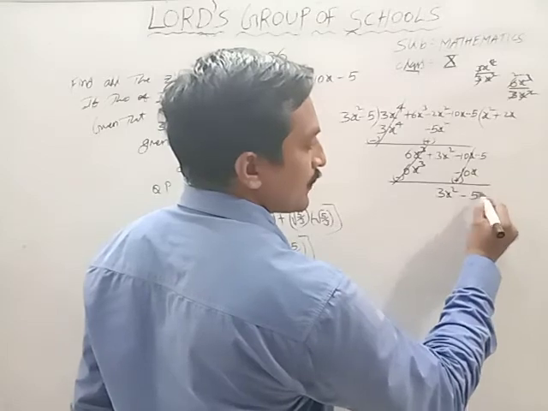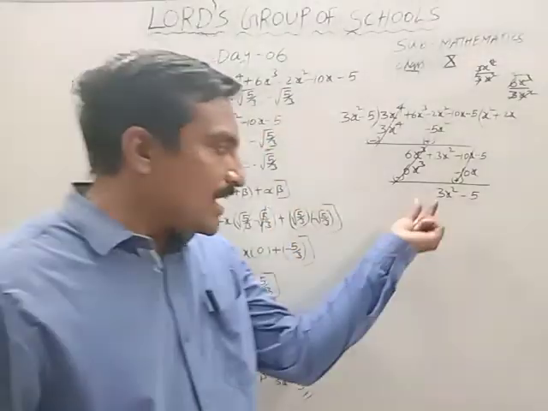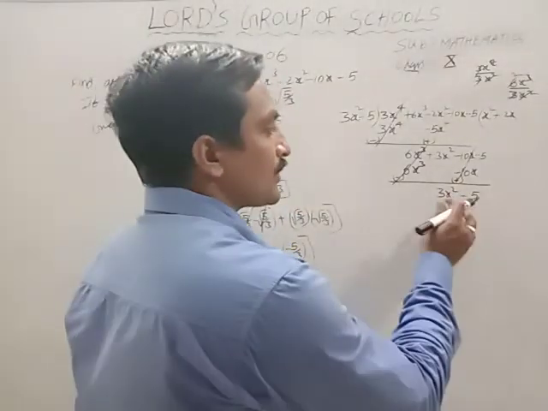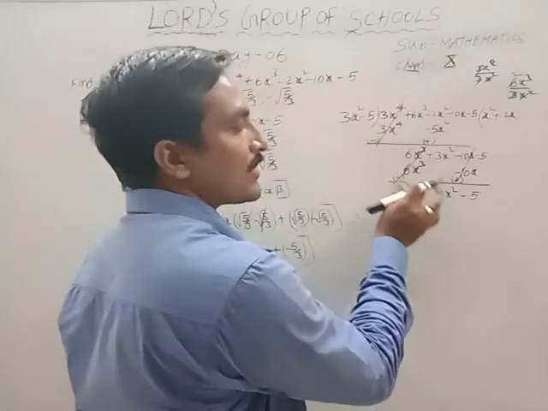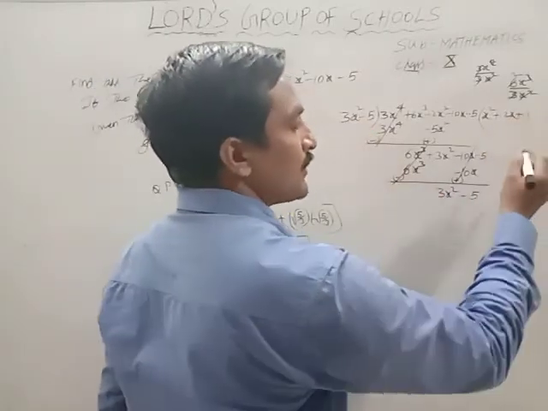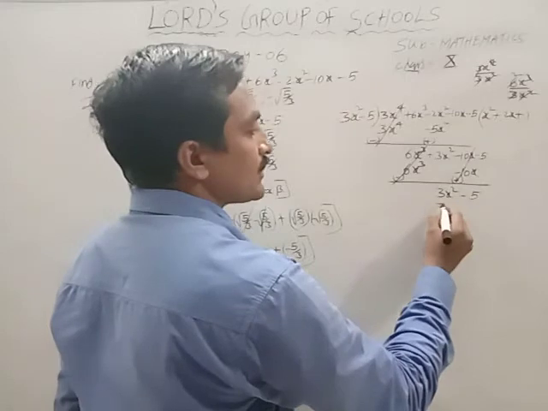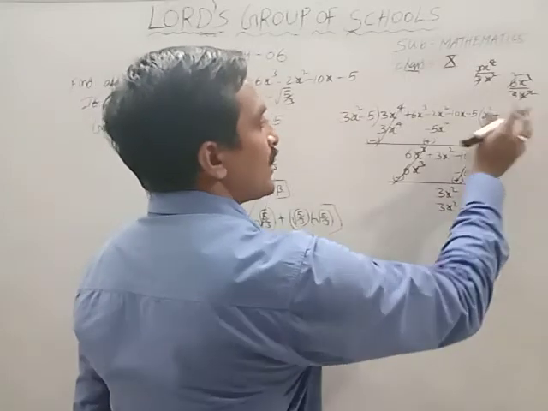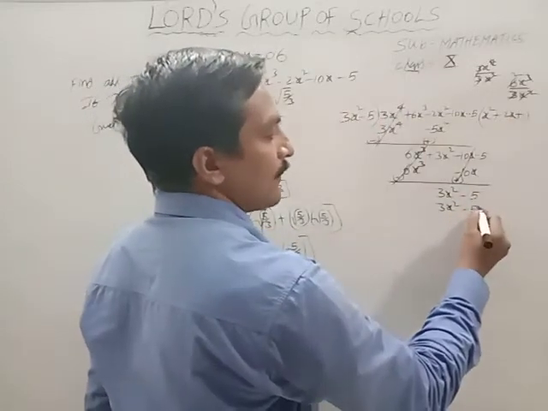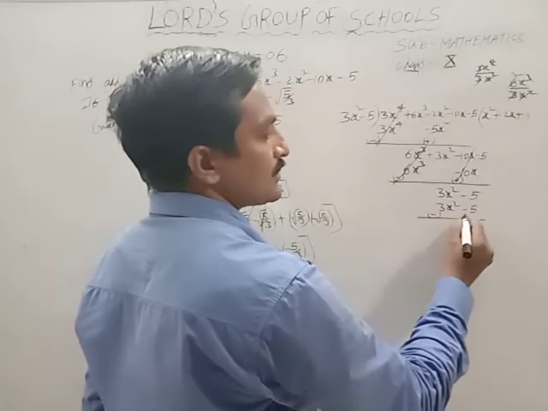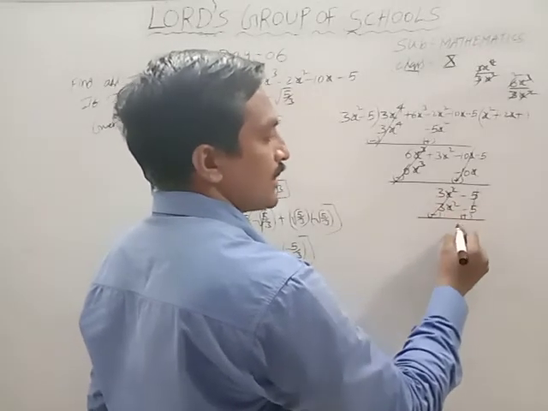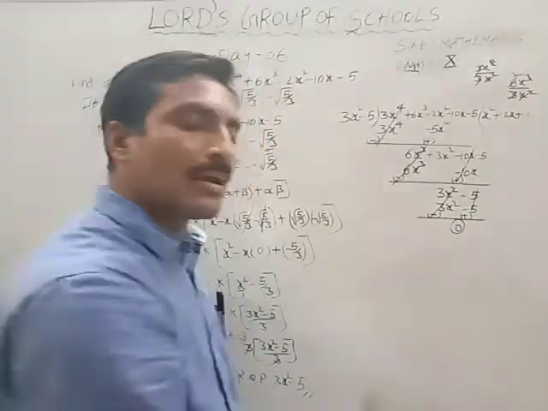Minus 5 is left. You have to observe 3x square is the first term here, and here also 3x square, same terms. Then one time is possible. 1 into 3x square, 3x square. 1 into minus 5 is minus 5. Symbol minus, plus, these two will be cancelled. You get the remainder 0.